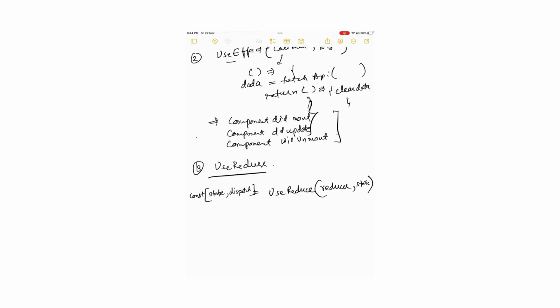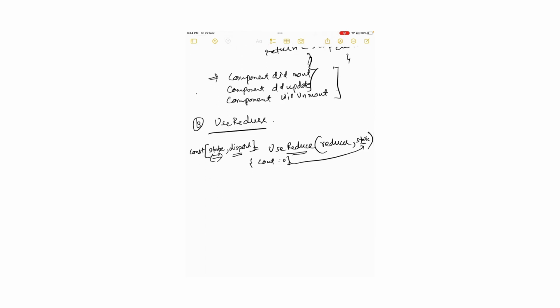So suppose I want to have initial state as count as 0. So what I'll write instead of state, I'll just write the JSON object of having multiple states, and this state will be assigned to the state variable name. Okay. And this useReducer will return us a dispatch function which we can use to change the state.